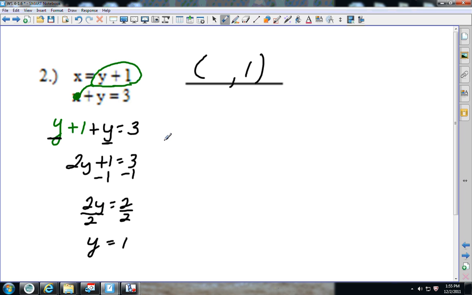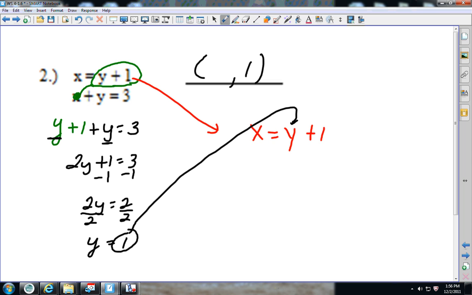Now I need to take one of the two equations and find out what x is. I'm going to take this top one, x equals y plus 1. We just found y to be 1, so I have x equals 1 plus 1. 1 plus 1 is 2, so x equals 2.